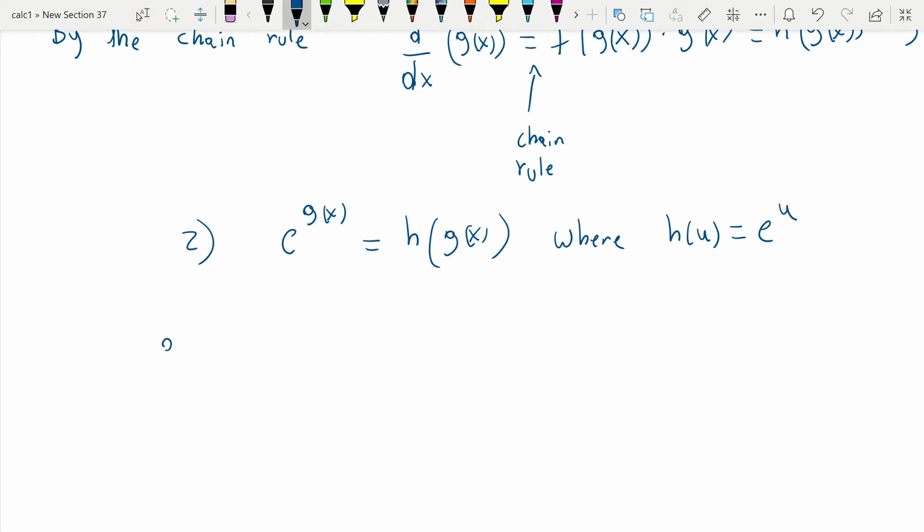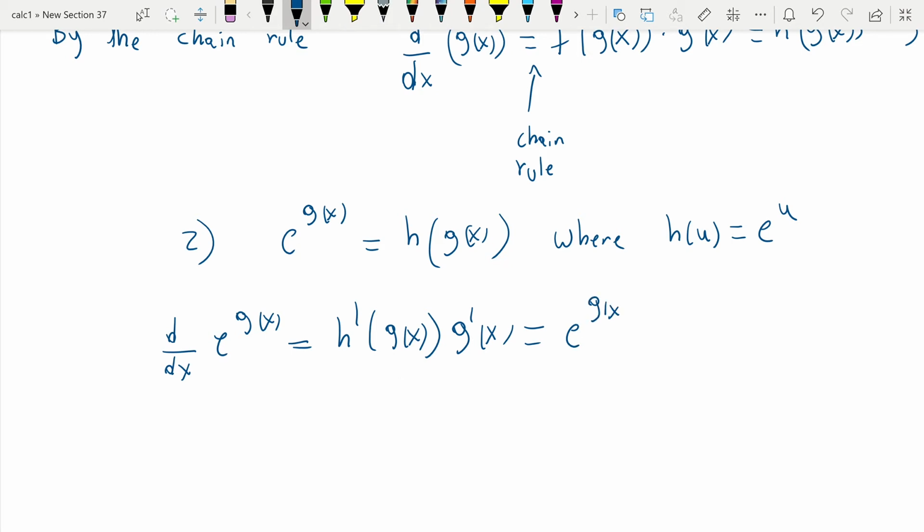So what's the derivative of e to the g of x? This is just h prime of g of x times g prime of x, which is e to the g of x times g prime of x.